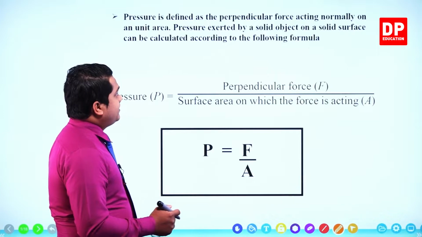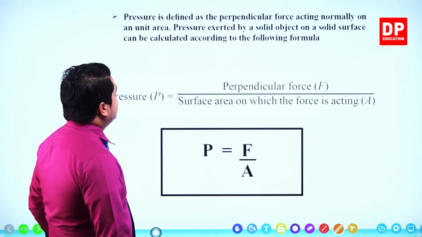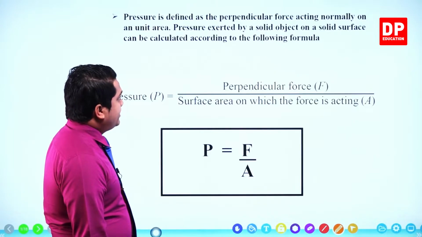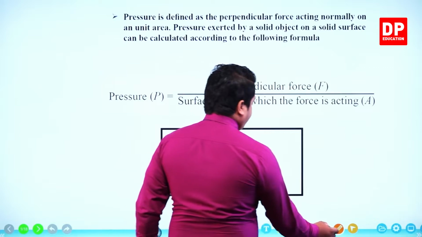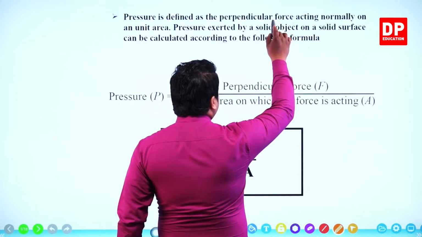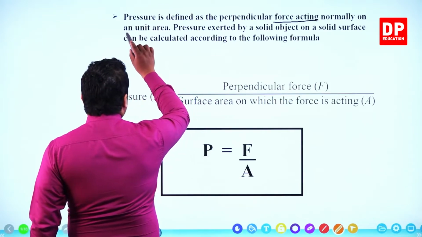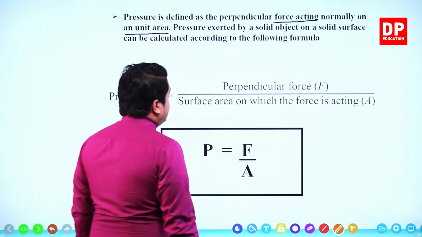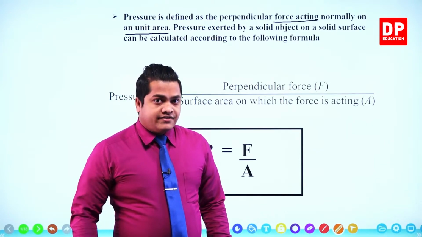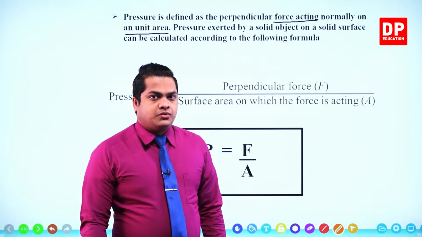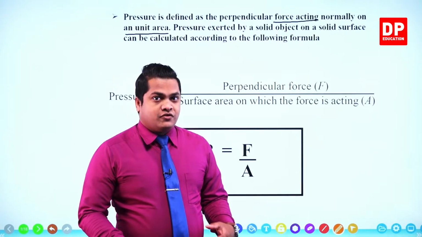So my dear children, the pressure exerted by a solid object on a solid surface can be calculated according to the following formula. As you know, the two factors are the force acting and the area. These are the two factors that affect the pressure, not the force, right?